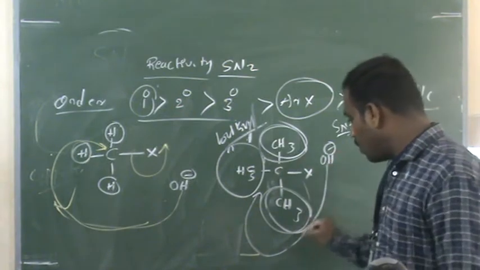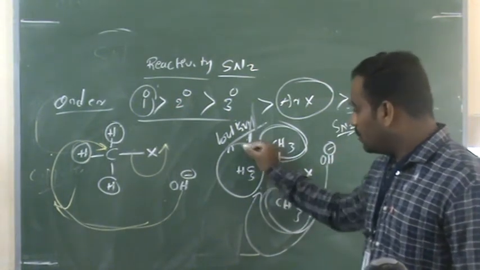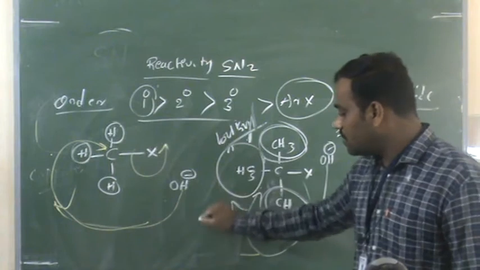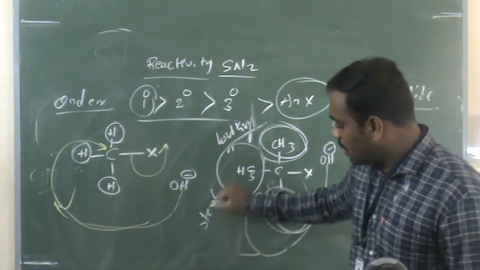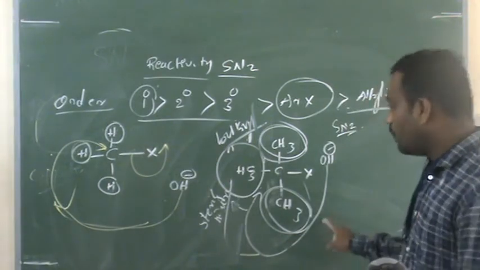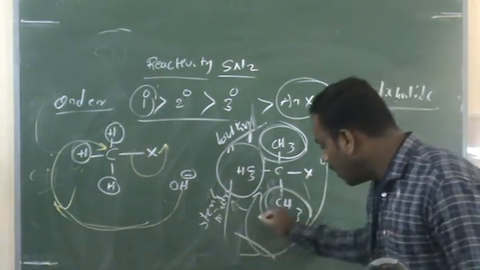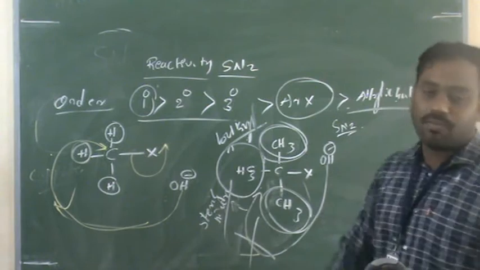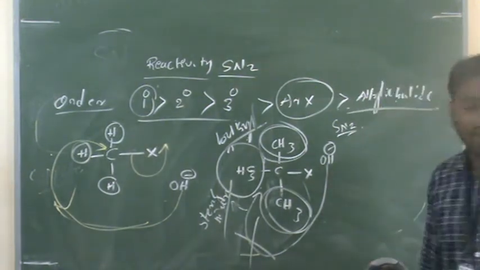When the OH minus wants to attack here, it creates some hindrance, steric hindrance. So the OH minus can't approach this carbon atom. Why does it not approach?